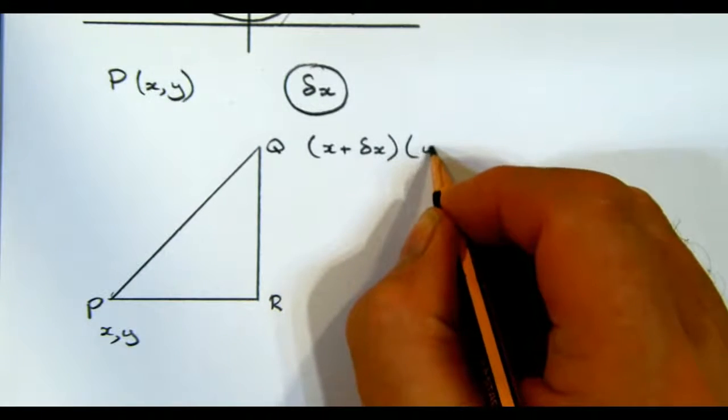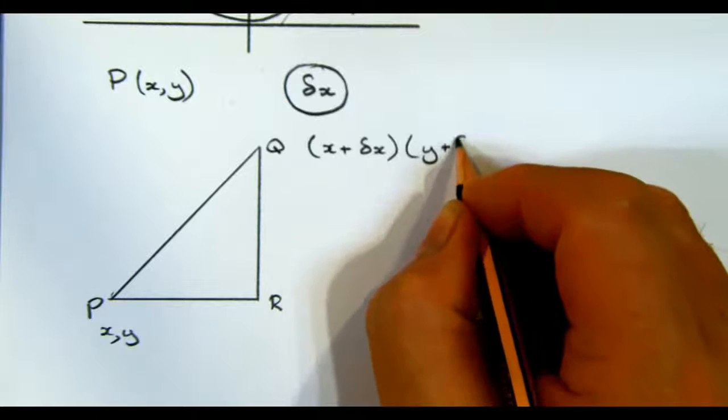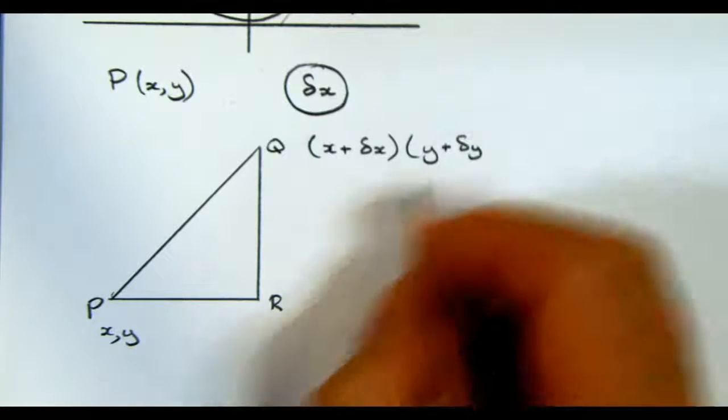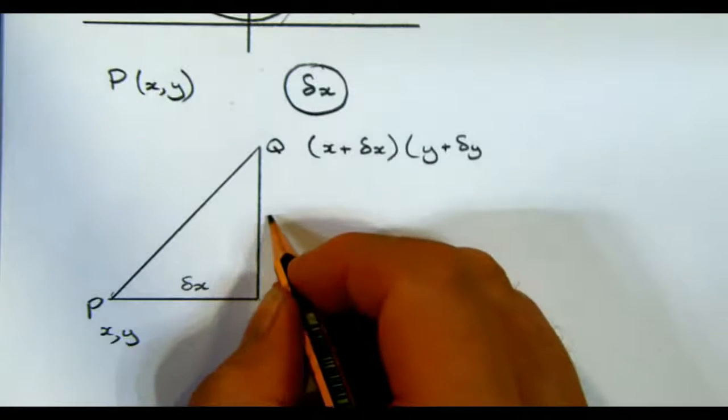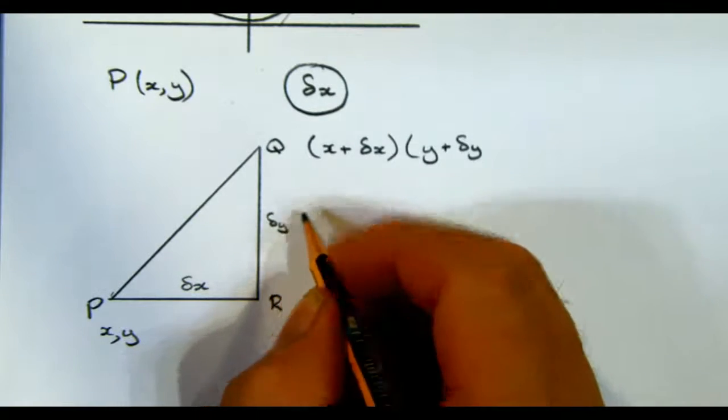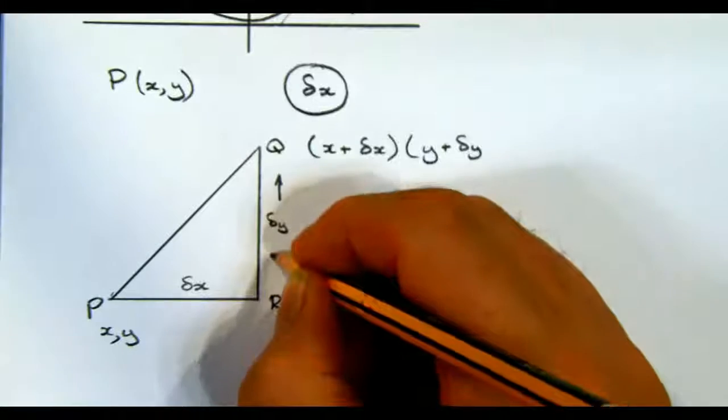So y plus delta y. This distance here is delta x, and this distance here is delta y.